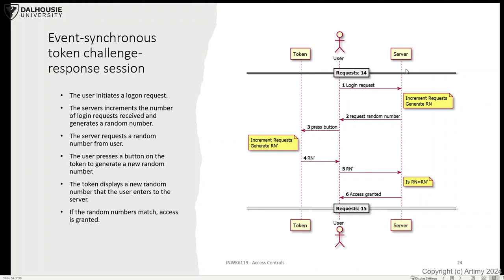The system says, okay, this is your 66th attempt to log in. But from the user's perspective, it's still the 65th because they didn't really increment the counter last time. They started the login process, but they didn't finish it. They didn't enter any random number. They went away. So now the two systems are not synchronized. The server thinks that it's the 66th attempt to log in, while the token has the 65th. So this one also has a problem, right?